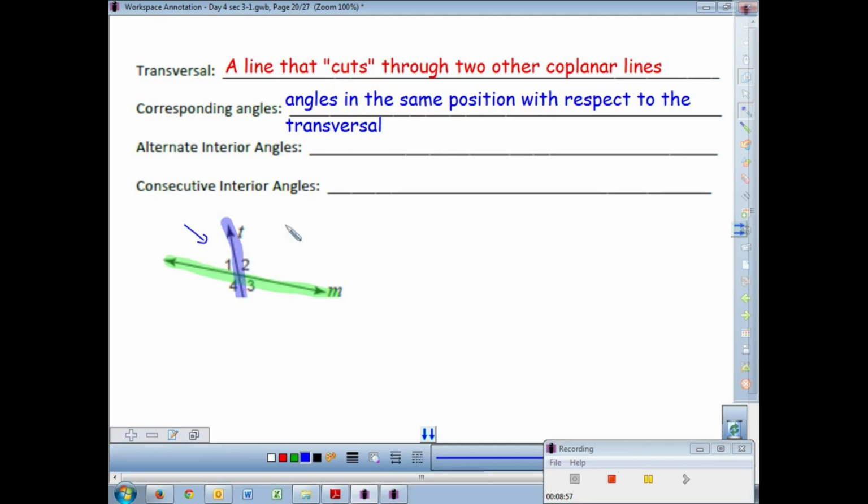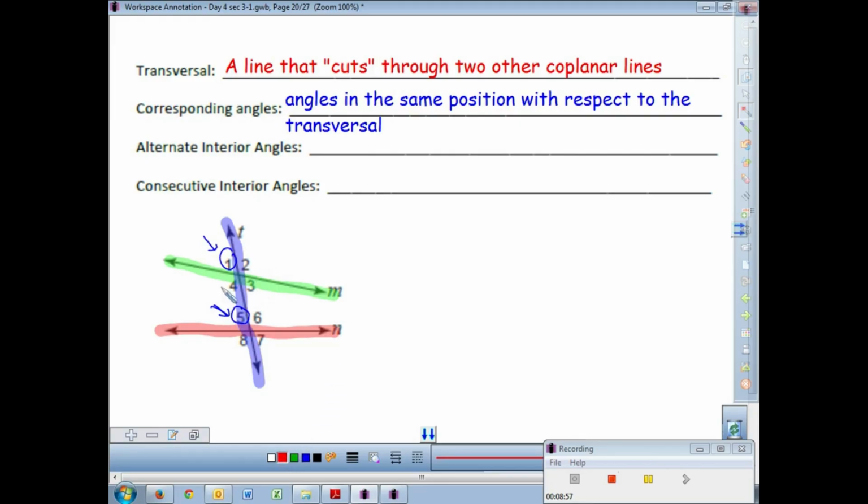So angle 1 is to the left and above. We just want to go downstairs here and figure out which angle is also to the left of the transversal but above its line, and that would be angle 5. Angle 5 and angle 1 are what we call corresponding angles. They are in the same position with respect to the transversal.